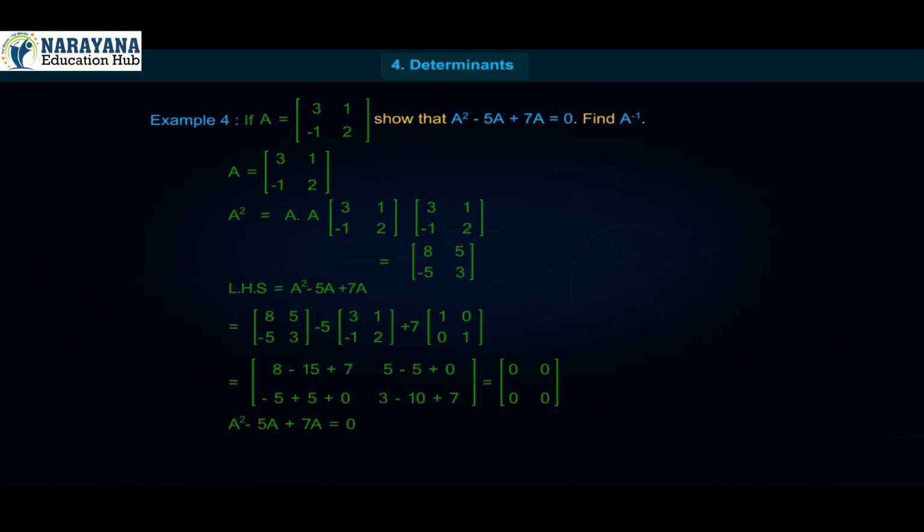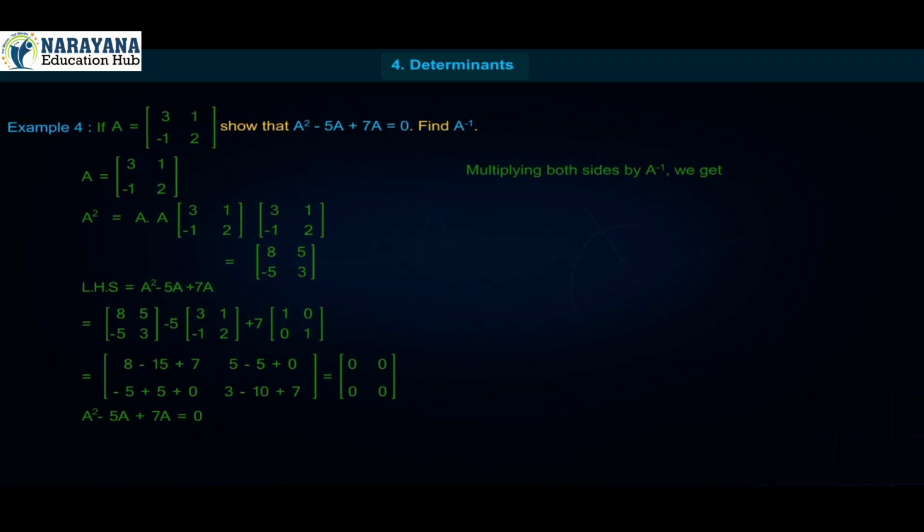A square minus 5A plus 7I is equal to 0.